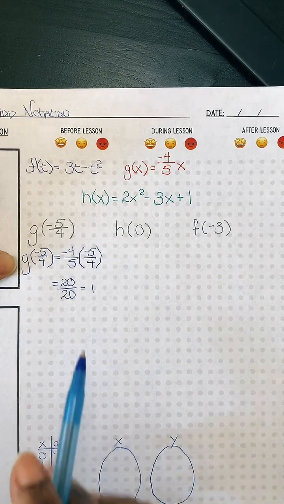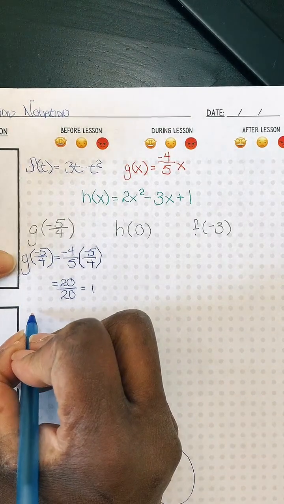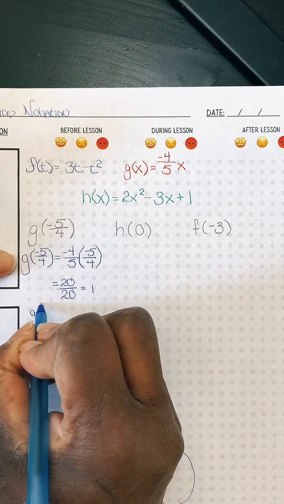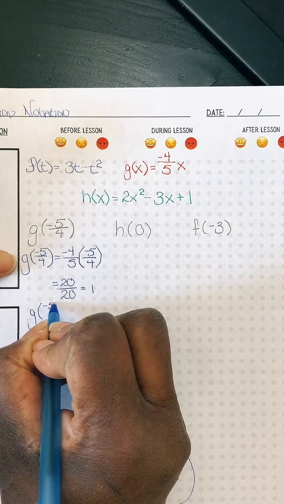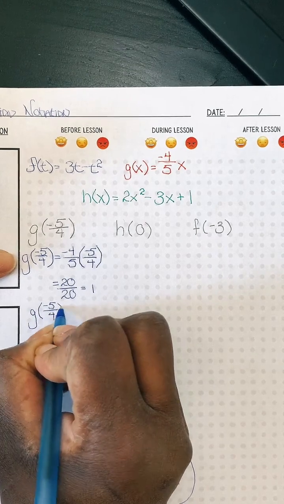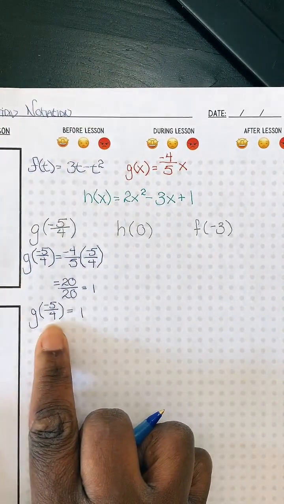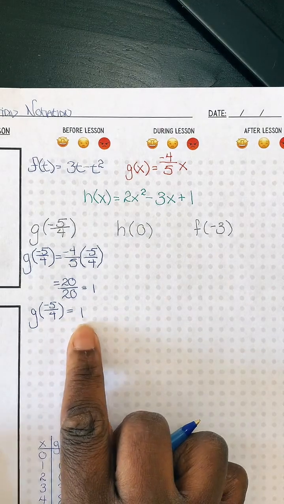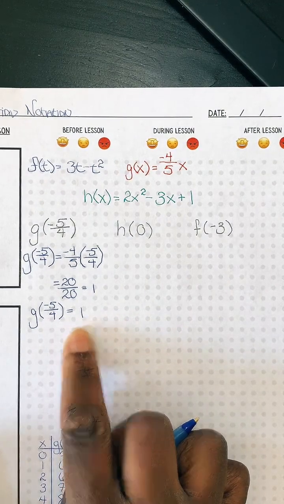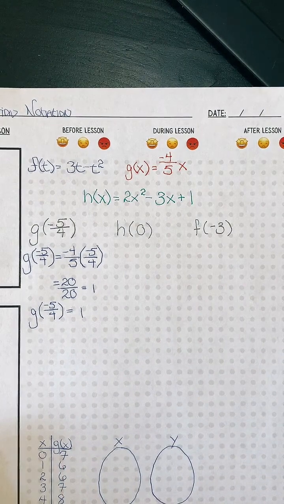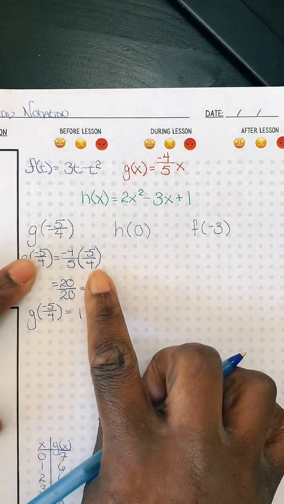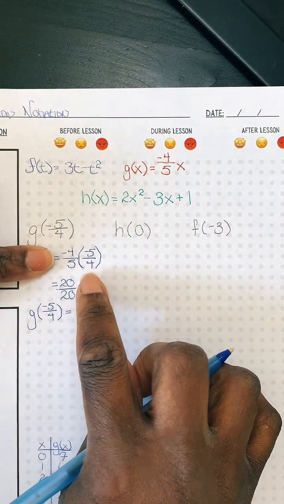So what you just found was g of -5/4 equals 1. So your input was -5/4 and your output is 1. Yes, but you only really need to do it on the right side.